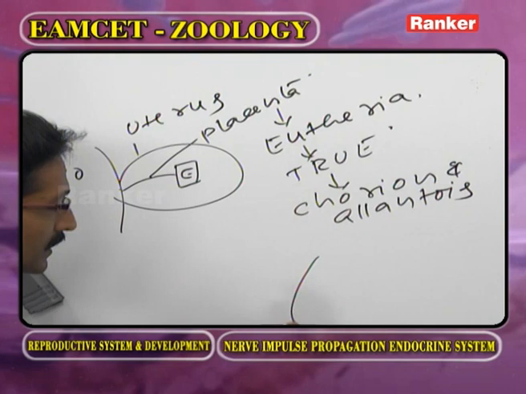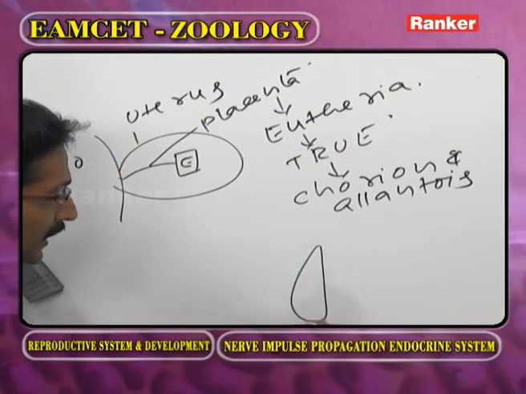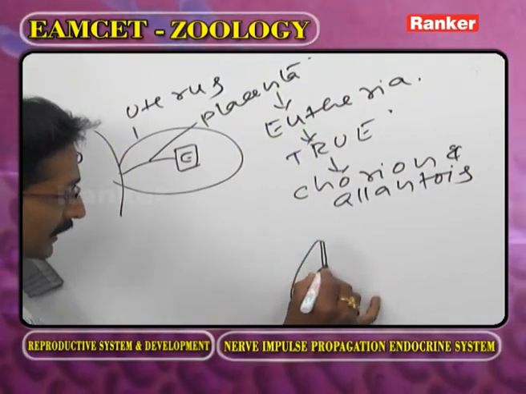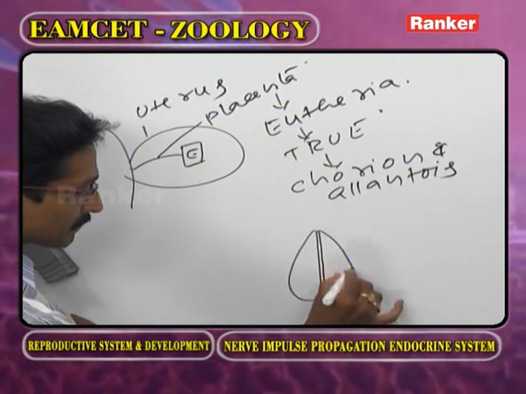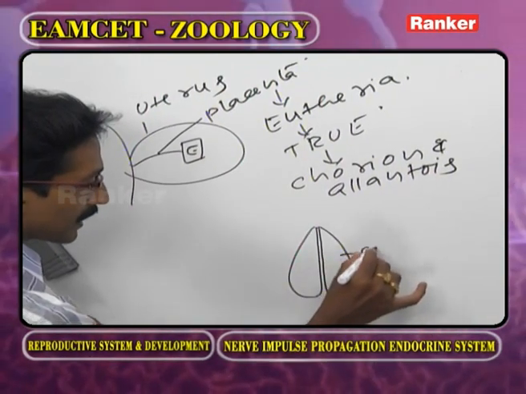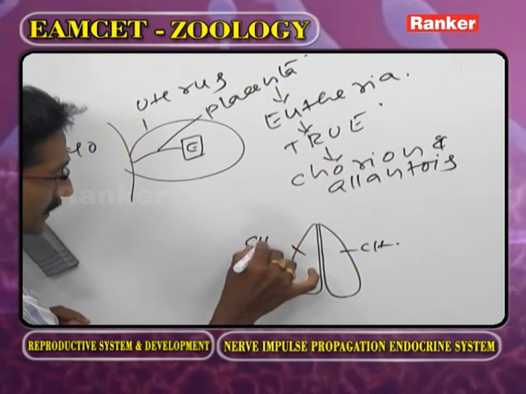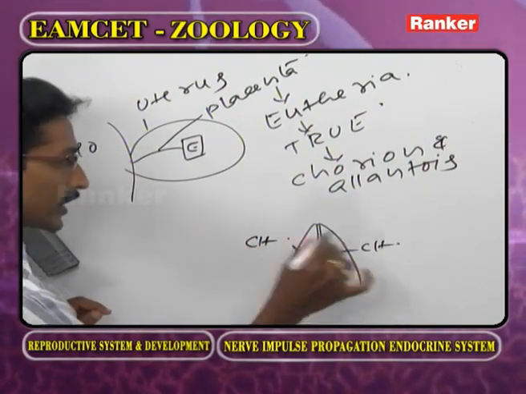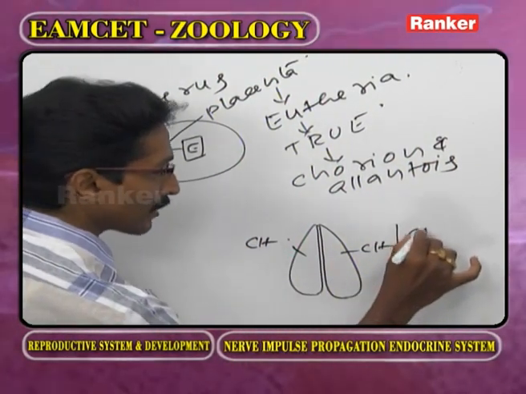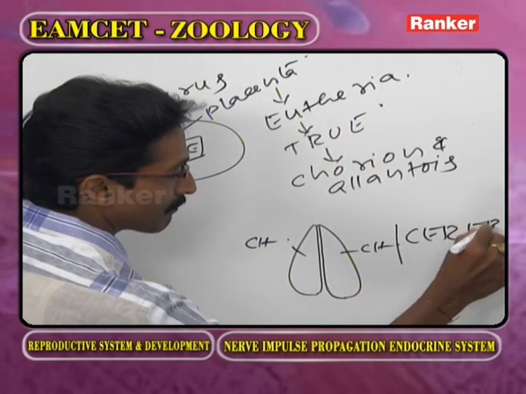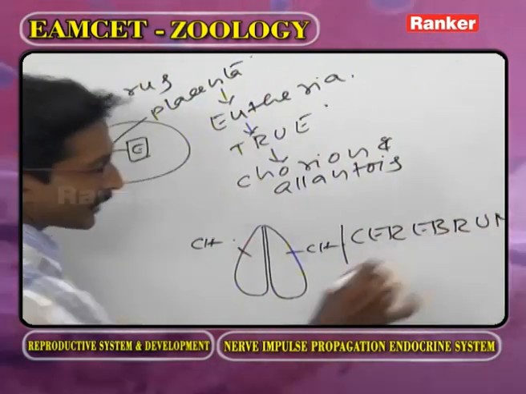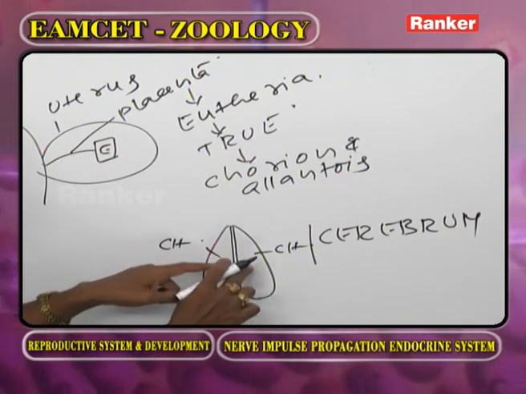Now this is one cerebral hemisphere, and this is another cerebral hemisphere. These two combined are termed the cerebrum. Now in the cerebrum, how many hemispheres?